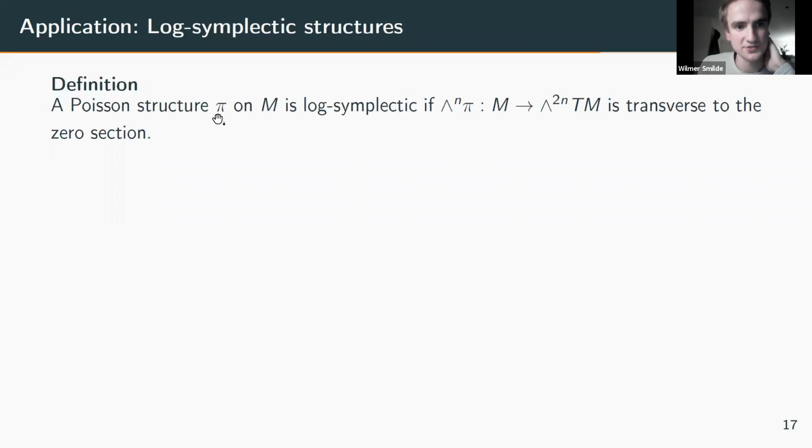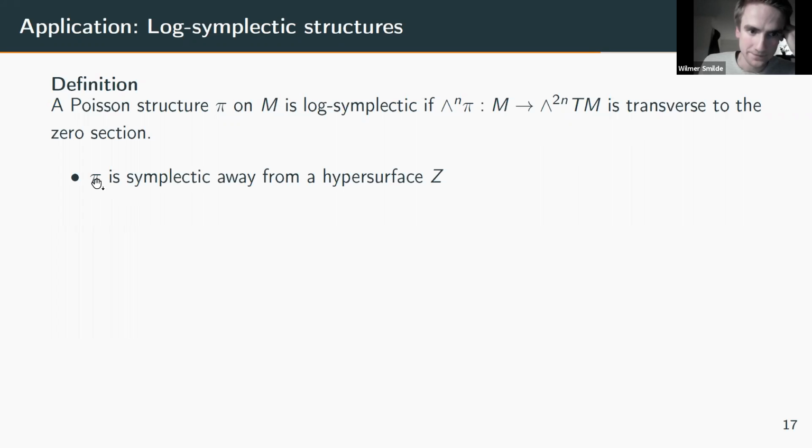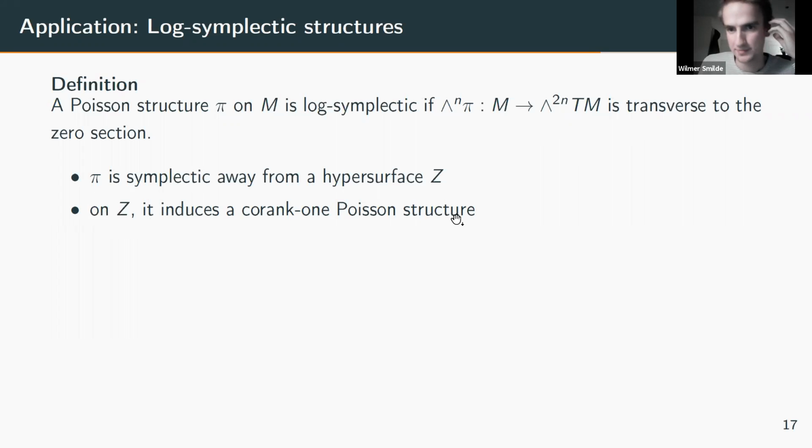A Poisson structure pi on a manifold is log-symplectic if it is non-degenerate almost everywhere except along a hypersurface, or you can express it in the sense that the highest wedge power of this Poisson structure is transverse to the zero section. So this pi is symplectic away from a hypersurface, and on this hypersurface it induces a codimension 1 Poisson structure.